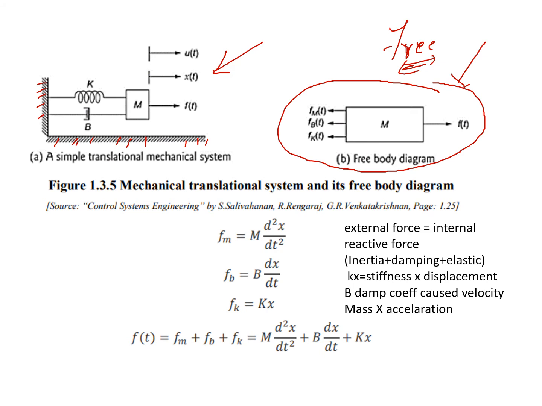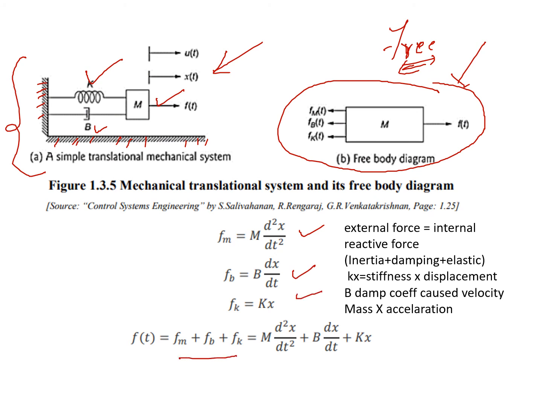Okay, so here, as you see, the mechanical translation system for a complete body which has the spring, the dashpot as well as the mass is this one. Here there are 3 individual opposite forces.